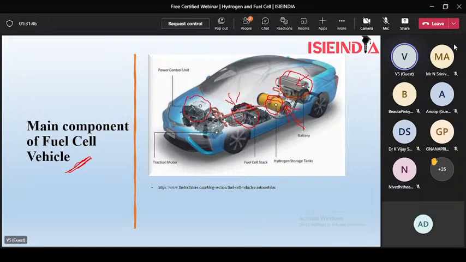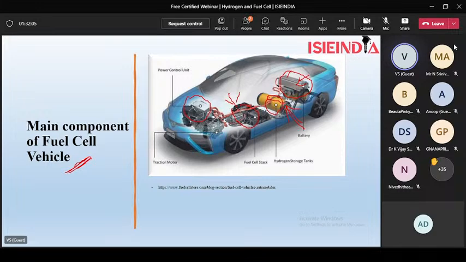This is the power control unit. It manages the power flow from the fuel cell to the motor, and from the battery to the traction motor.